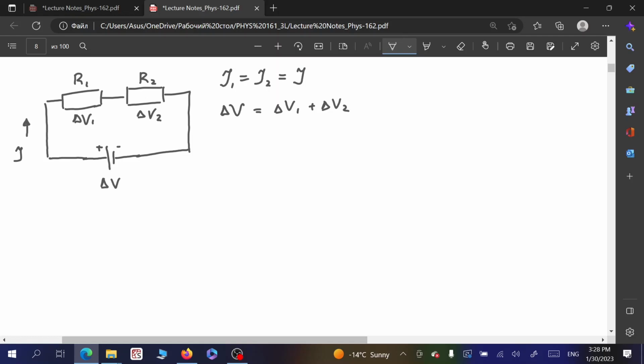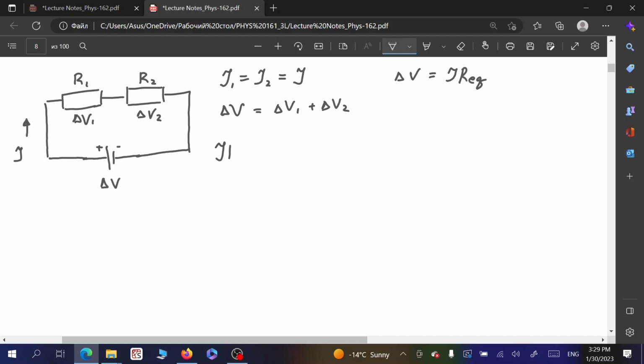In this case, we can express this voltage drop delta V as current I times some R equivalent of the electric circuit, where we have two resistors connected in series.